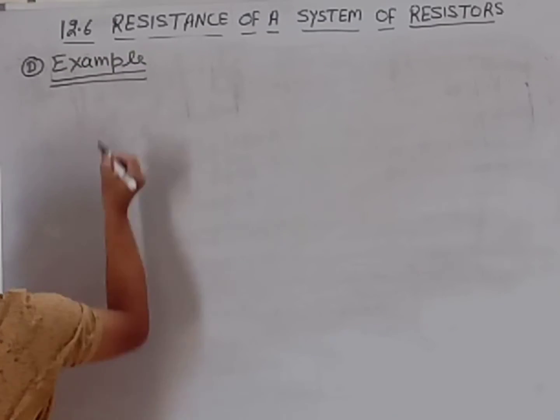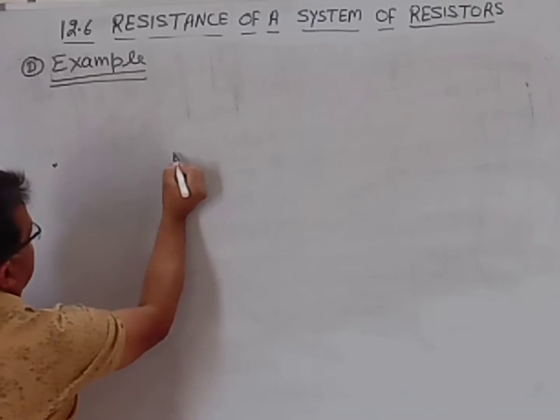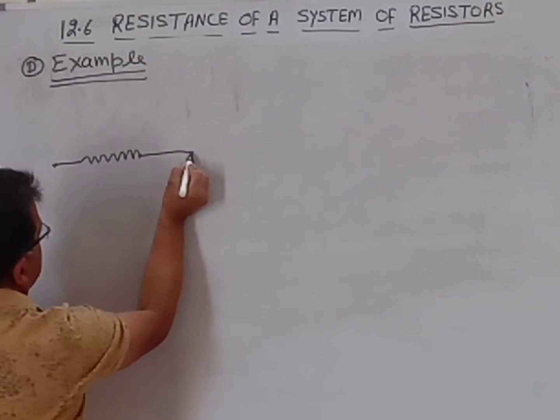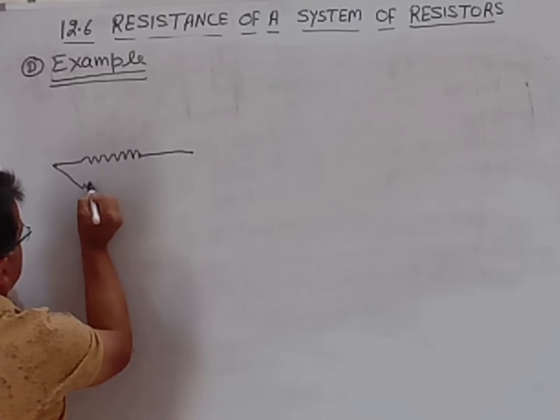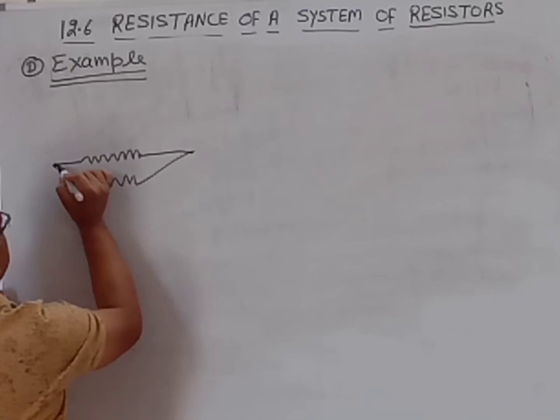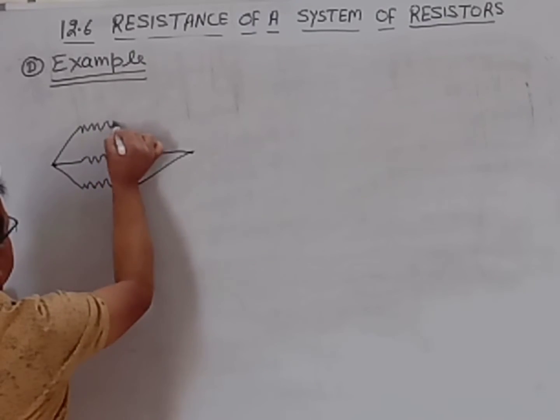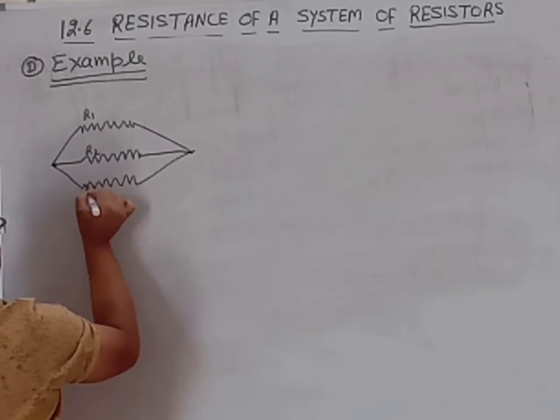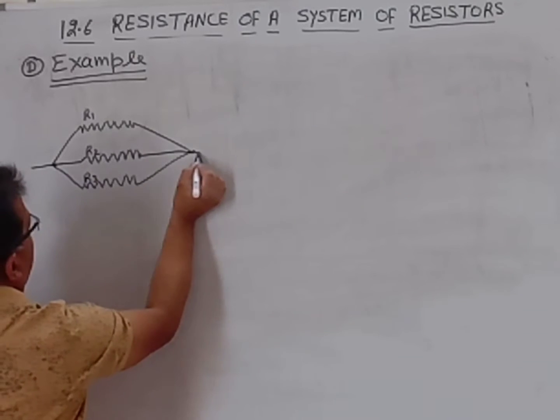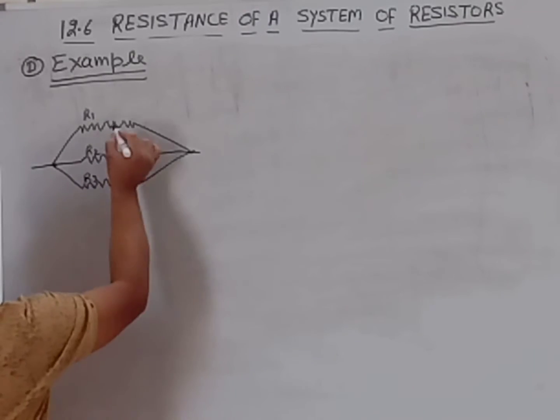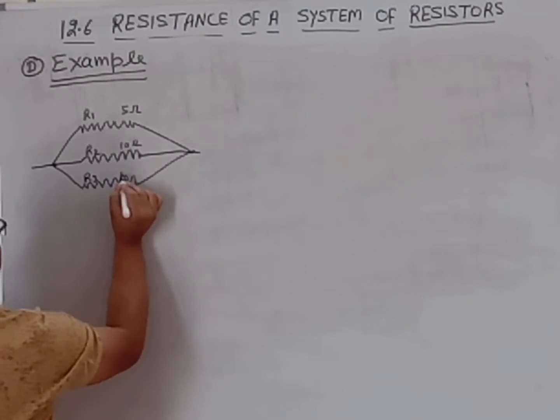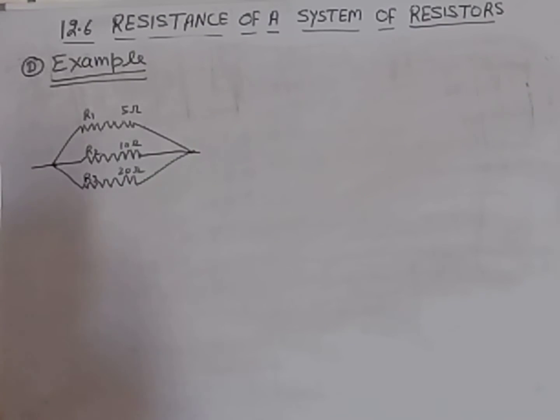Example. Let these be two fixed points and between them three resistors R1, R2, R3 of, say, 5 ohm, 10 ohm and 20 ohm are connected in parallel.